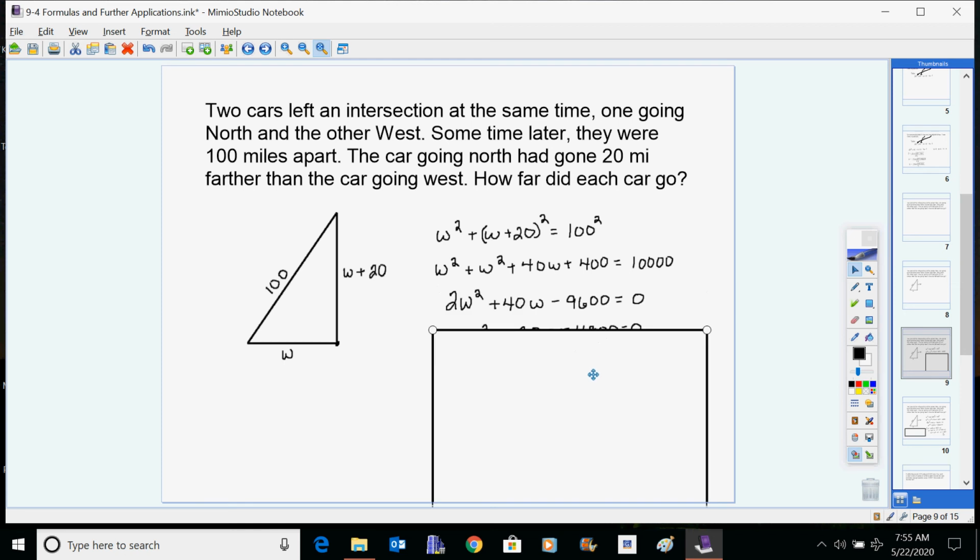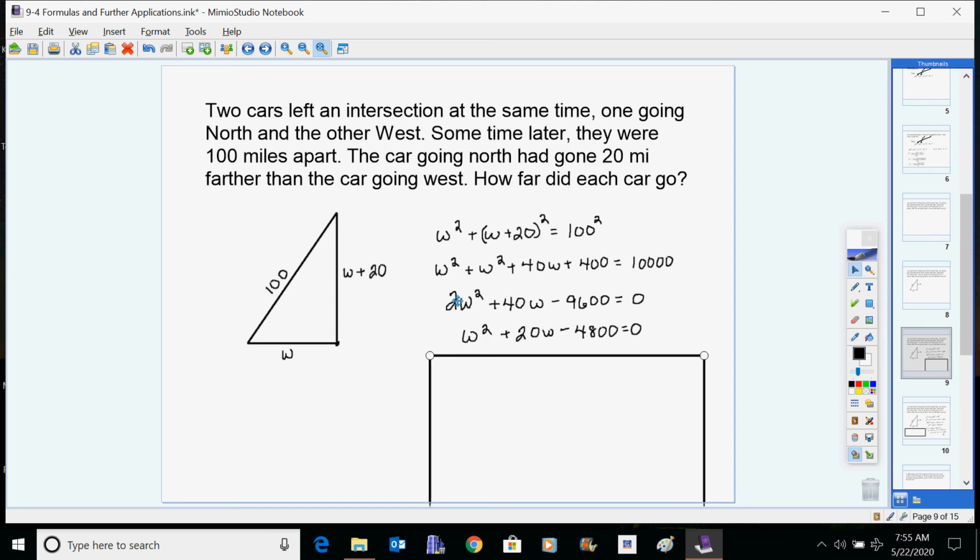We have this nice, wonderful quadratic coming out, and subtract your 10,000 from both sides, and you end up with a quadratic. You can divide both sides by 2 to get a coefficient of 1 here, and that's helpful. Because the smaller your numbers, the easier it's going to be, even if you do use a quadratic formula in this.